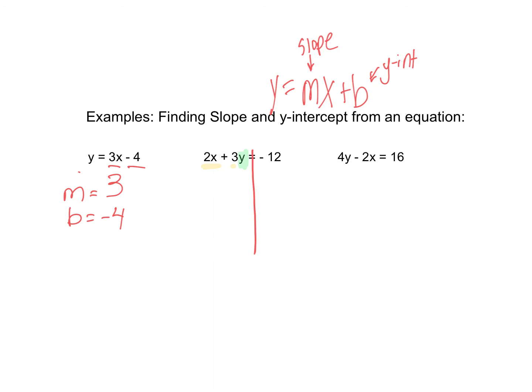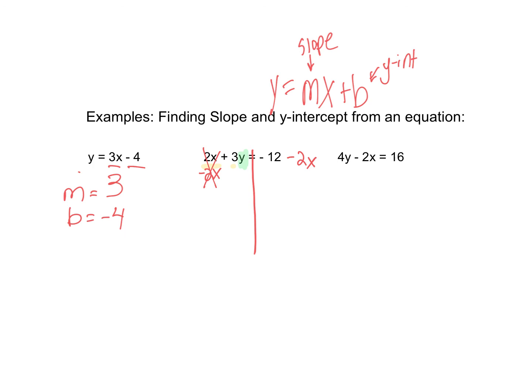So we always move the thing not attached to the variable first. So I'm going to move the 2x term to the other side first, and then I'll deal with splitting the 3 from the y. So to move 2x, since it's being added, or it's positive, I'm just going to subtract it. 2x minus 2x will become 0 and cancel out. But remember, if I subtract over there, I have to also subtract over here.